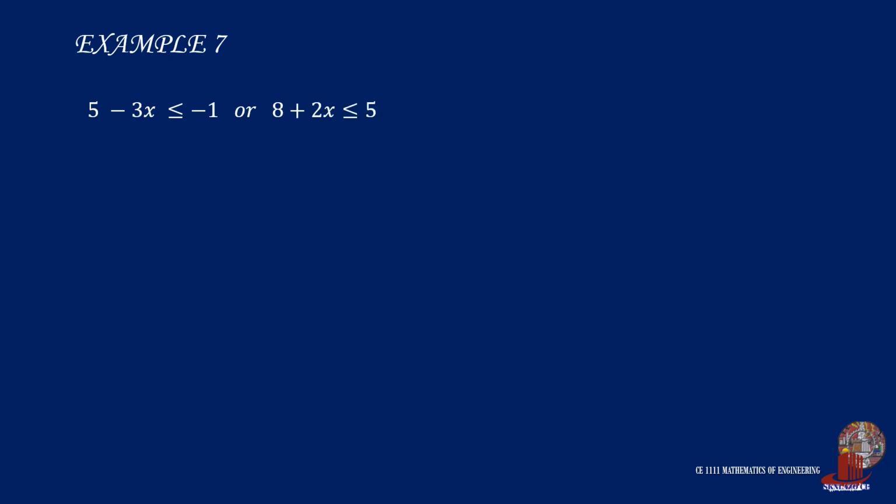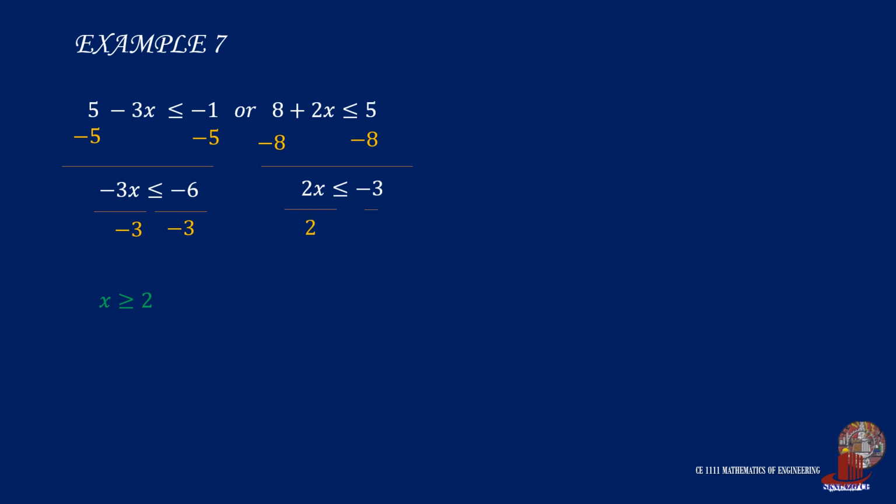For the 7th example, we work with two separate inequalities connected by an "or". Start simplifying the first inequality by subtracting 5 and have negative 3x as less than or equal to negative 6. Divide each side by negative 3 to get x as greater than or equal to 2. The second inequality is simplified by subtracting 8 to have 2x as less than or equal to negative 3.